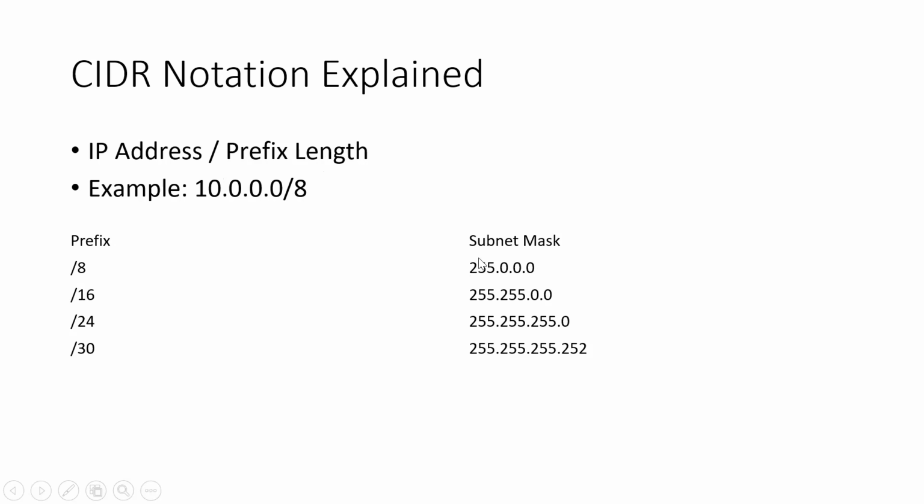So this 255 is allocated for network, and the remaining will be allocated for the host. Likewise, /16 means 255.255.0.0. These two parts are allocated for network and the remaining two for host. /24 means 255.255.255.0. So 3 for network and 0 for host. Likewise for /30.